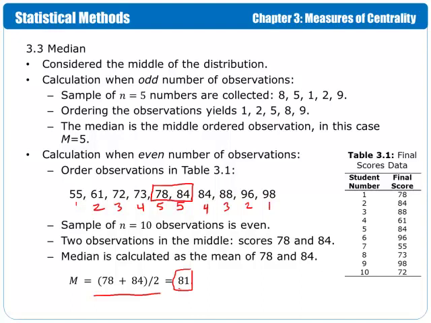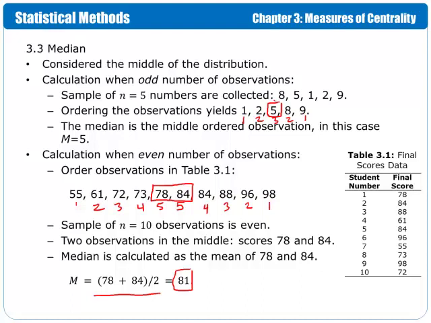If we look then again at the odd number of observations, we have 1, 1, 2, 2, and 3. We only have a single value that is in the middle of that set of data, and so that's why 5 becomes the median for that set of data.